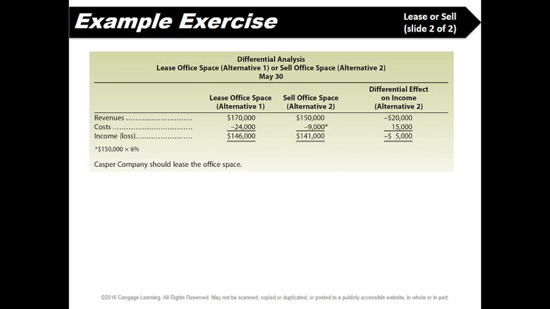Now, if we sell it, we can sell it for $150,000. We have that $9,000 brokerage commission. That's 6% of $150,000. That would give us $141,000 worth of income or loss. So differentially, if we were to sell the office space, we would see a potential loss of income of $5,000.